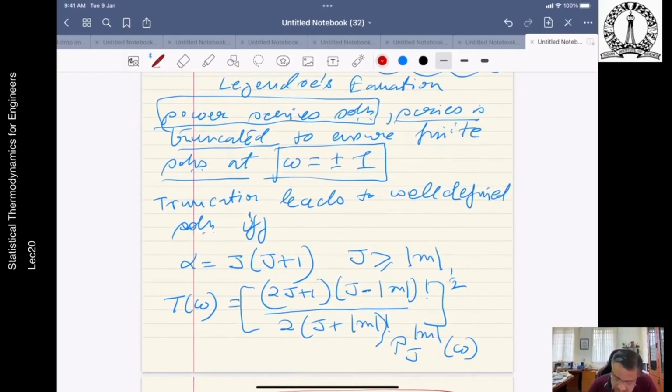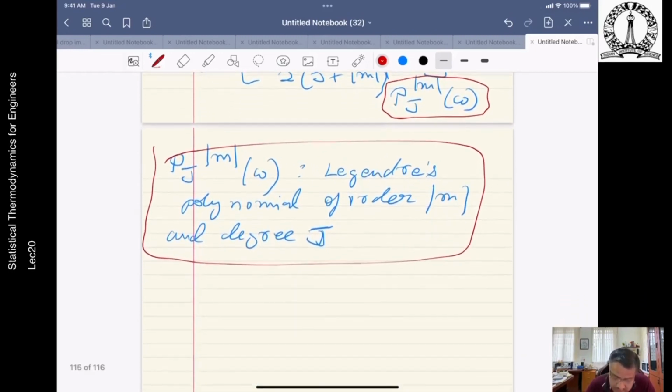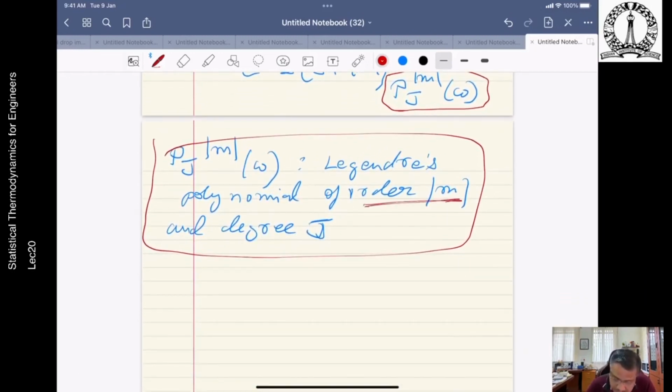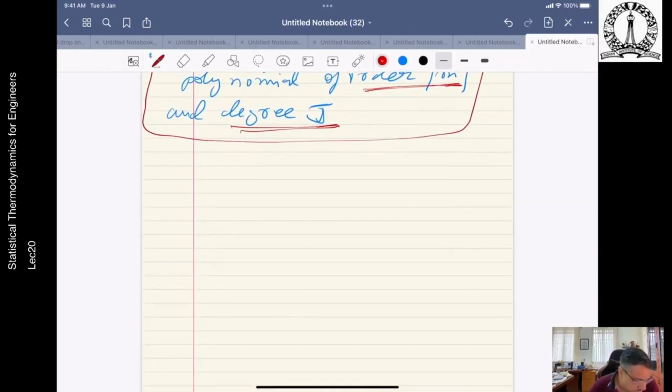So truncation leads to a well-defined solution if and only if alpha is j into j plus 1, and j must be greater than or equal to m, where m we know is root beta, and it takes values 0, plus or minus 1, etc. The total solution then, T, which is the theta part of the solution, is given by this multiplied by this polynomial P_j, the Legendre polynomial of order m and degree j. So this is the total solution.